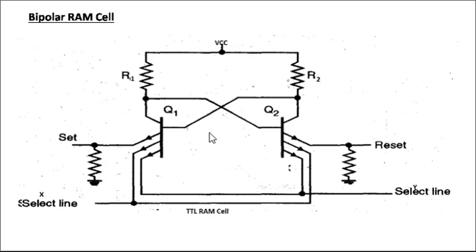At one time only one is active and the other is inactive. A 1 is stored in the cell if Q1 is conducting and Q2 is off. A 0 is stored in the cell if Q2 is conducting.